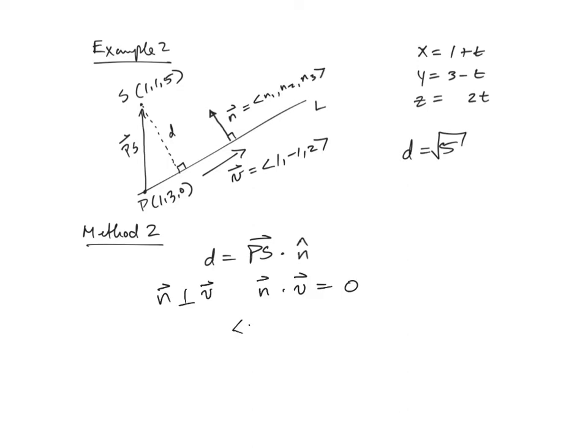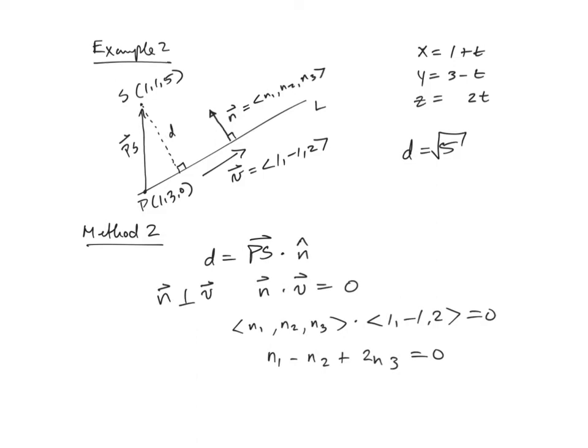So that means n1, n2, n3 dot 1, negative 1, 2 has to be equal to 0. When we do that dot product, we get n1 minus n2 plus 2n3 is equal to 0.